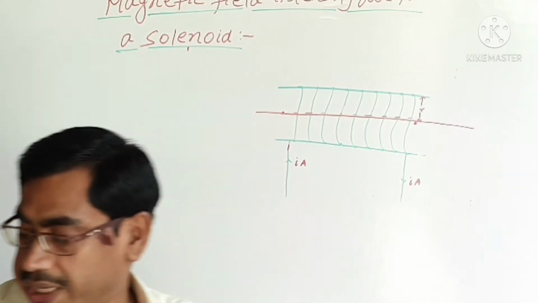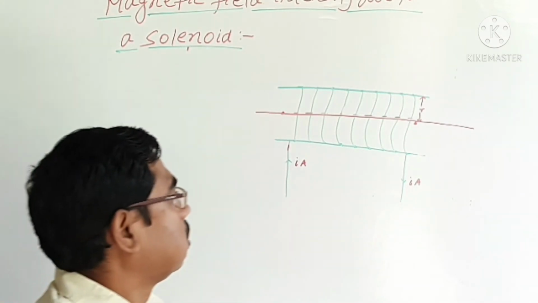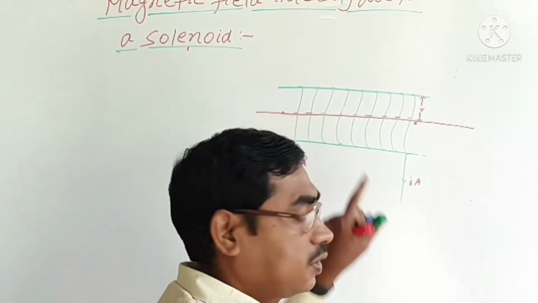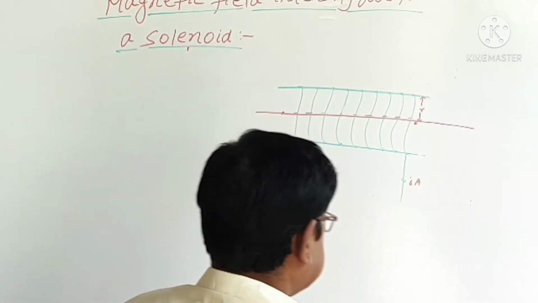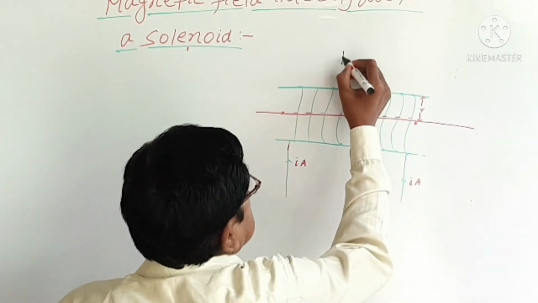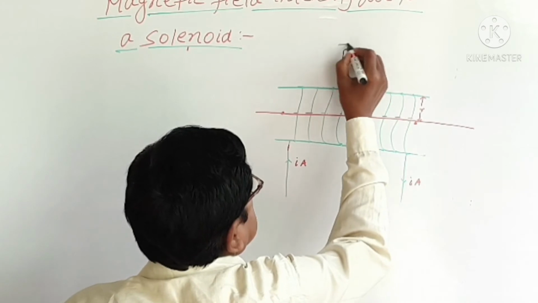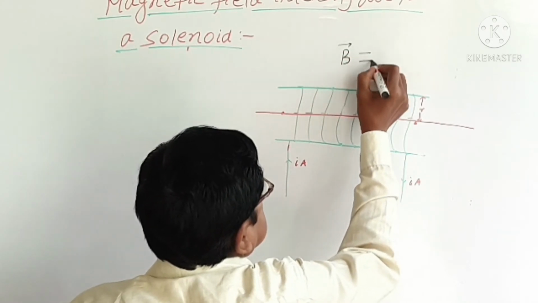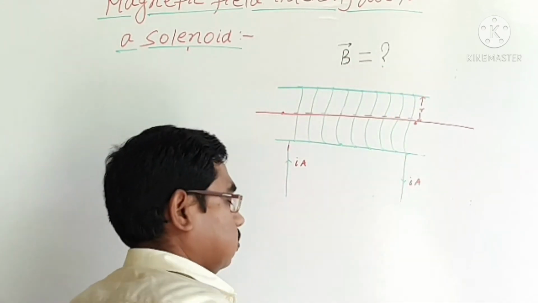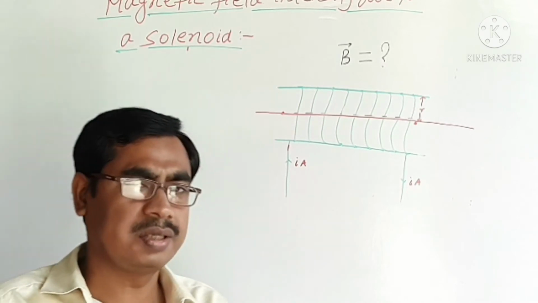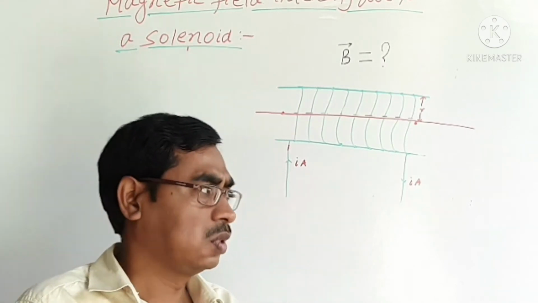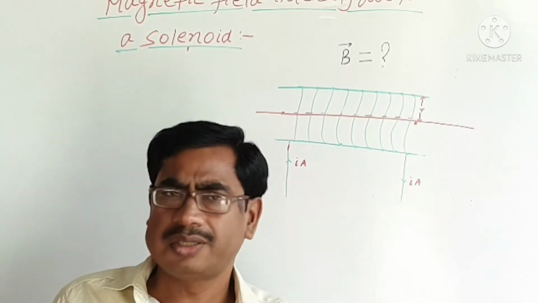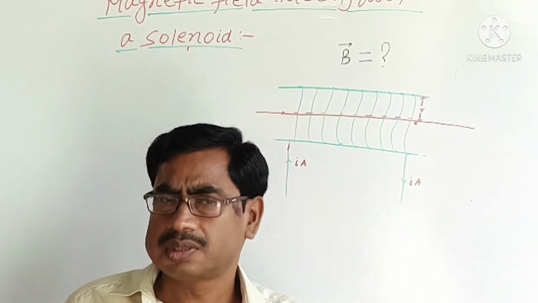Now, we have to derive an expression for the magnetic field intensity, that is B. What are the magnitude and direction of B? What should I do? Very simple, use Ampere's circuital law. What does Ampere's circuital law state?